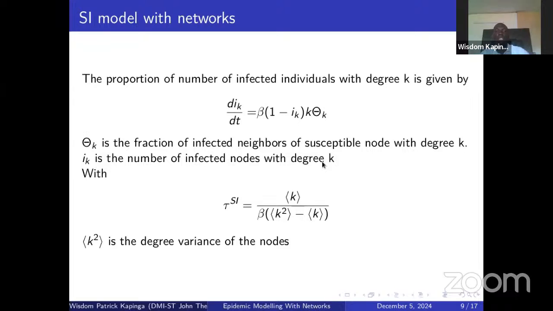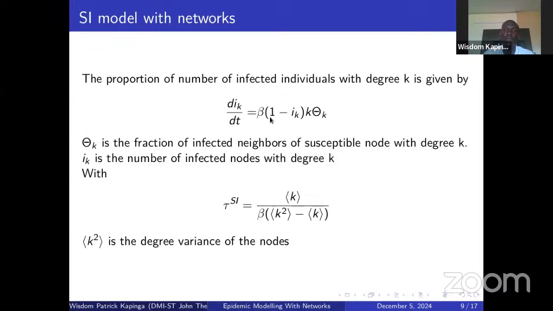And now the characteristic time will be given as tau, which is the number of contacts, divided by beta, which is the likelihood of a healthy person getting affected. And the k squared here, we're looking at the variance of the nodes of the degree k.